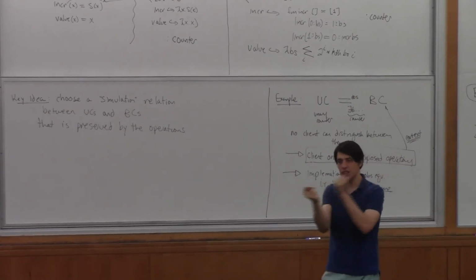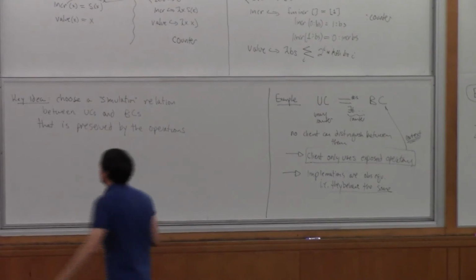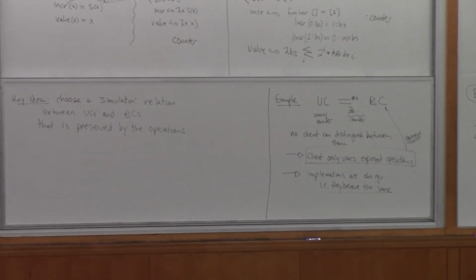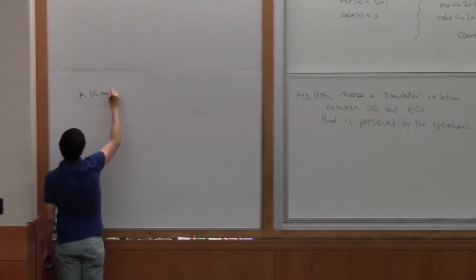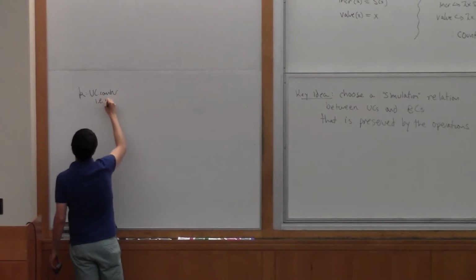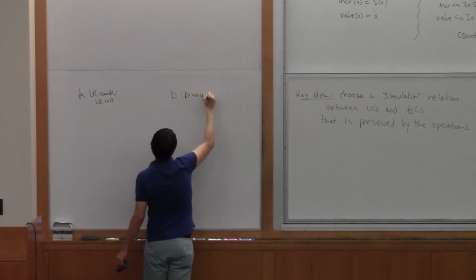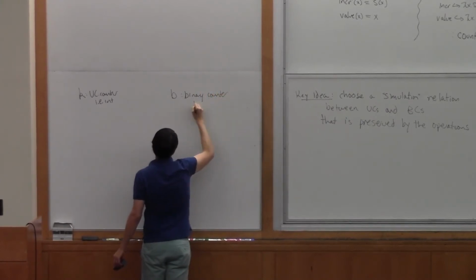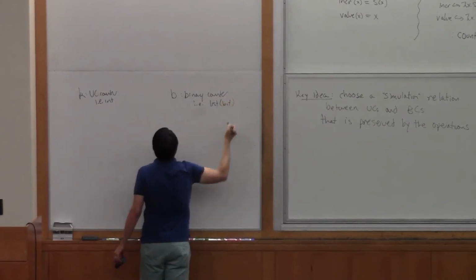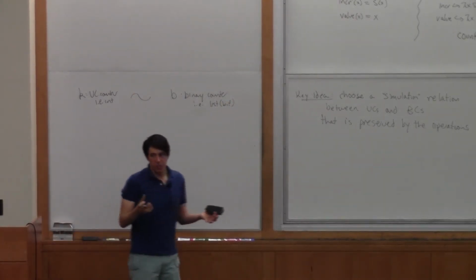When do the states of the two machines correspond? Okay, so if we have K, which is a unary counter, i.e. an int, and B, which is a binary counter, i.e. a list of bits, when is it the case that they are sort of corresponding machine states?